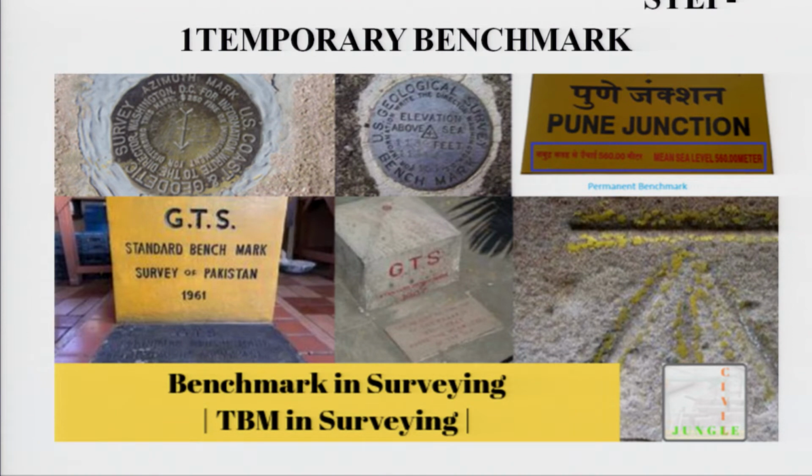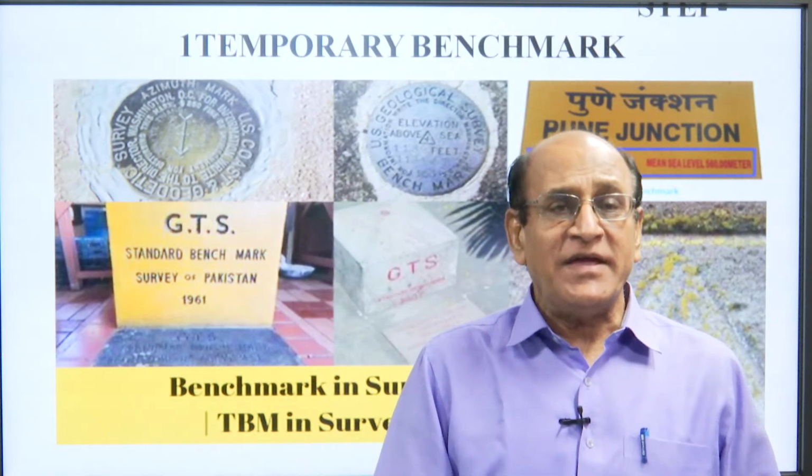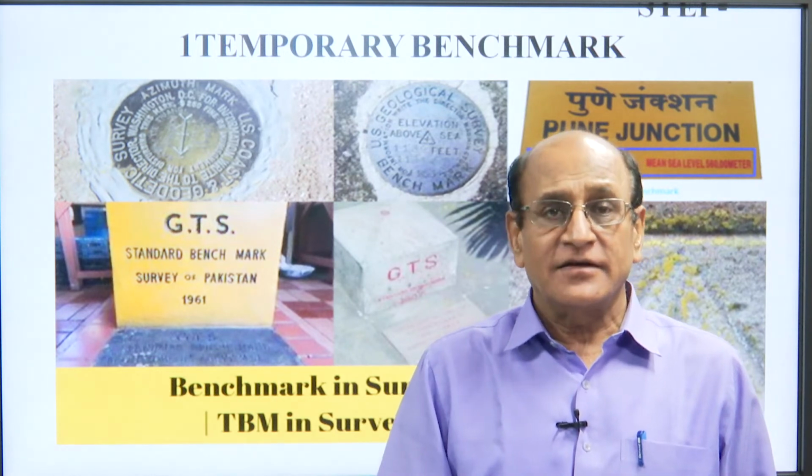Now, the first is temporary benchmark. How is a benchmark located? One is that if it is one building or in a nearby area, then we can assume any level like 100 which may be considered.